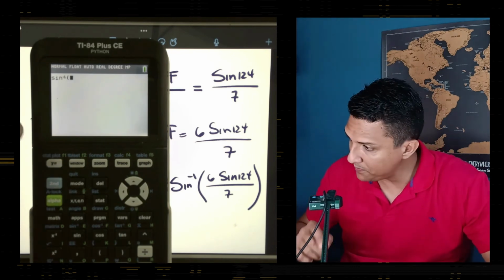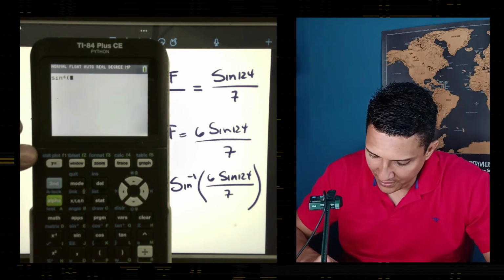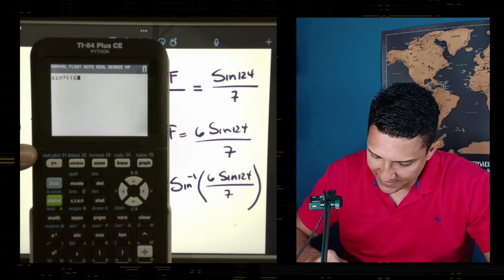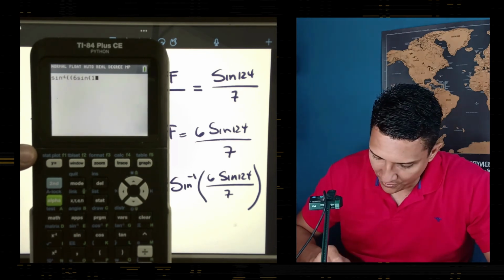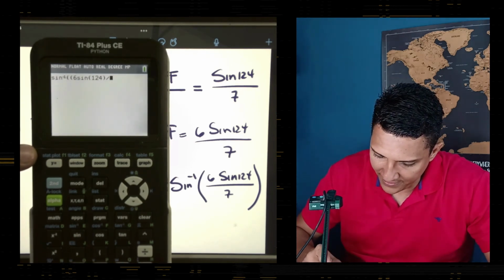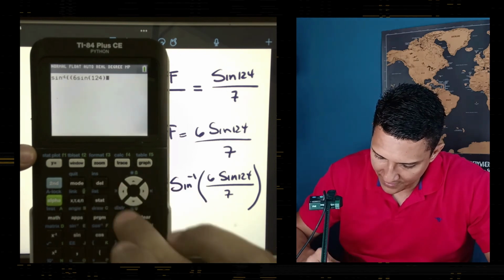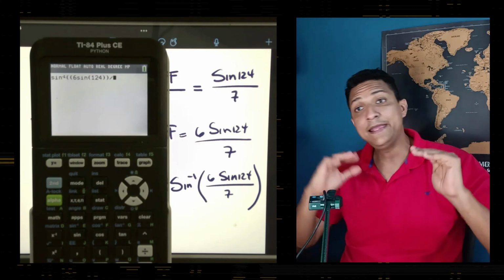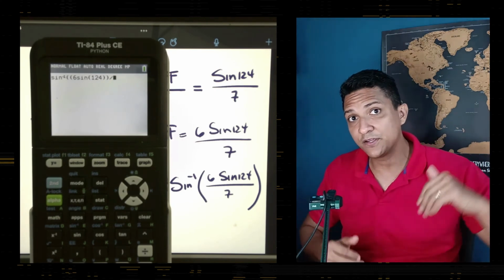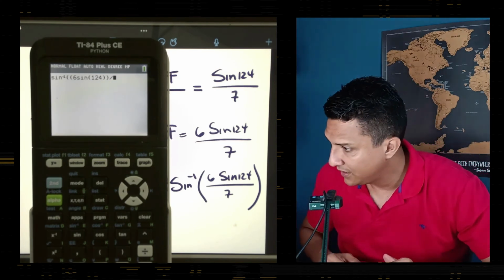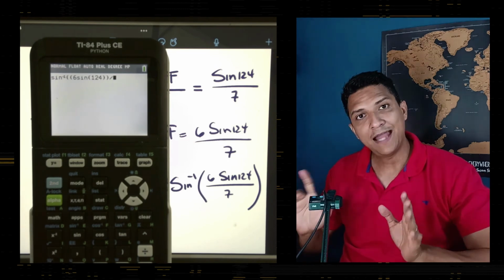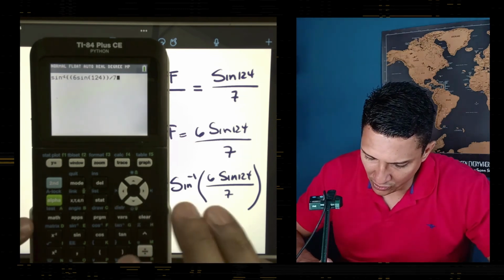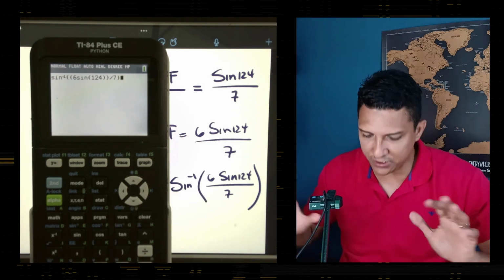I need to input first the numerator, so 6 sine of 124, divided by 7, and I need to close all the parentheses.